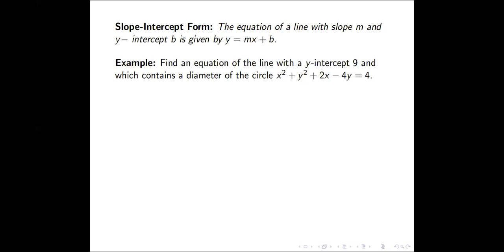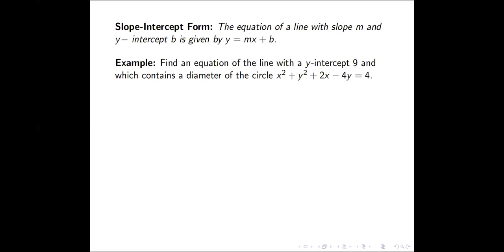Now the question is, how do we get the slope of the line? To get the slope, how many points do we need? We need at least 2 points. Two points are enough. But do we have 2 points given in the problem? If you read the problem, you'll see that the y-intercept is given.